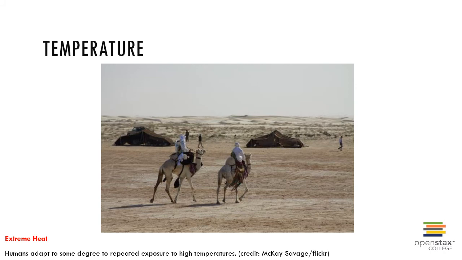Another thing that can happen in the environment that can affect humans is the external temperature. We touched upon it when I was discussing the marathon runners. So we can adapt to some degree to repeated exposure to high temperatures. We can lose that subcutaneous layer of fat.